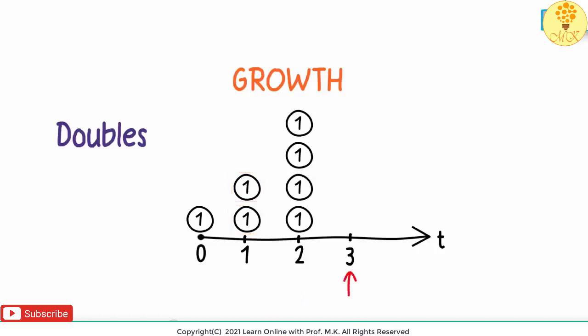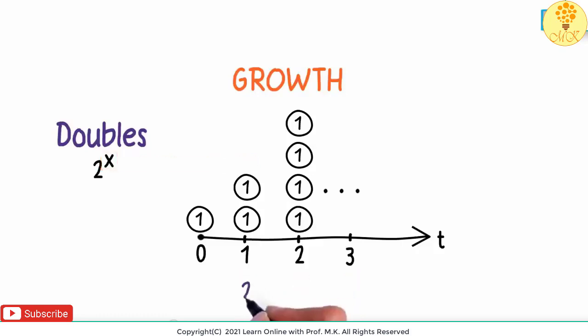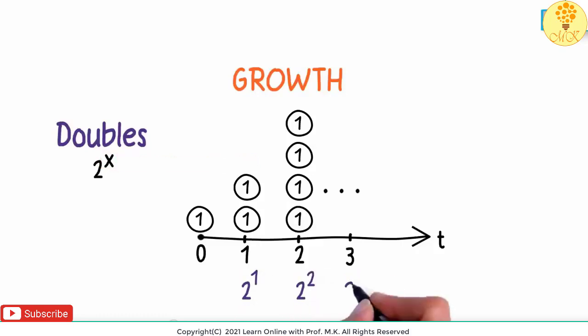And at the end of the third period, we have $8. How do we look at this growth? First, we see that the numbers at the end of the time periods are powers of 2. It's in the form 2 to the power x, where x is a non-negative integer. 2 raised to 1, 2 raised to 2, 2 raised to 3, and so on.